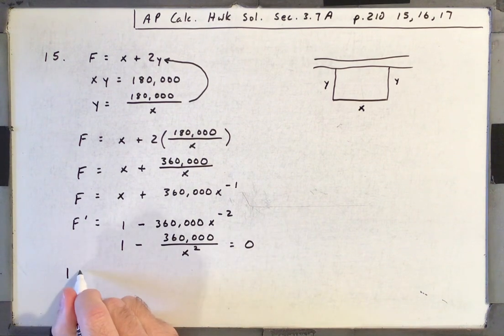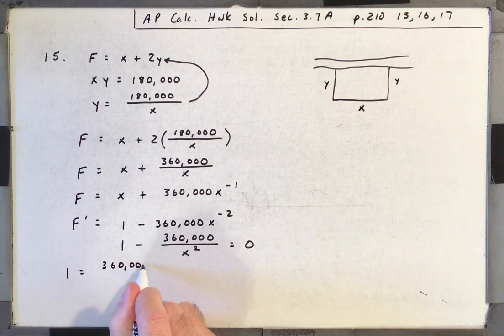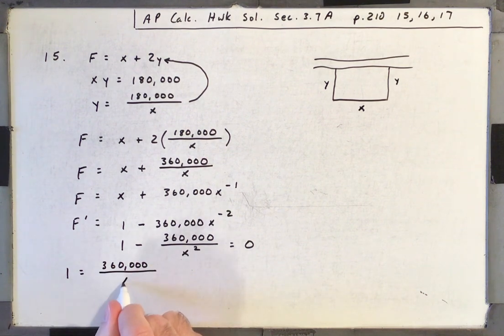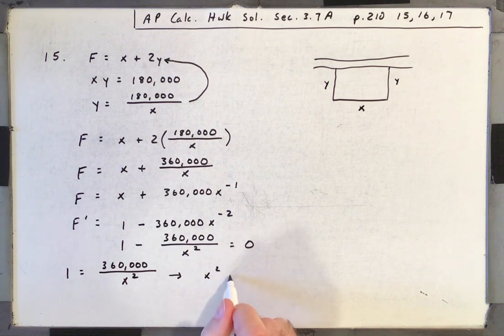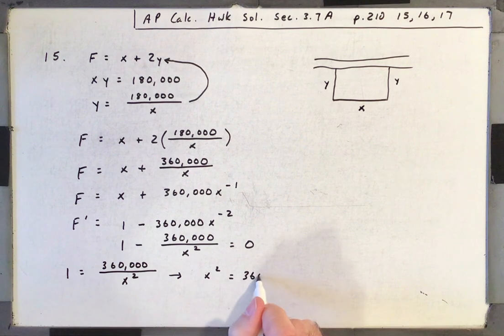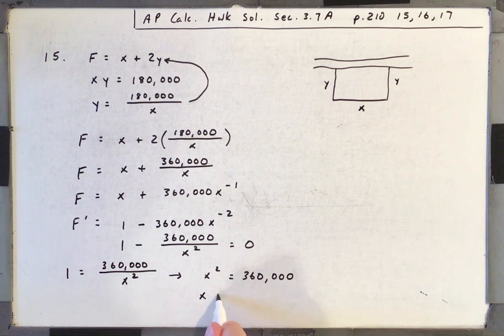So we would have 1 is equal to 360,000 over x squared. Multiply both sides by x squared, and you have x squared is equal to 360,000. So x then would be the square root of 360,000.